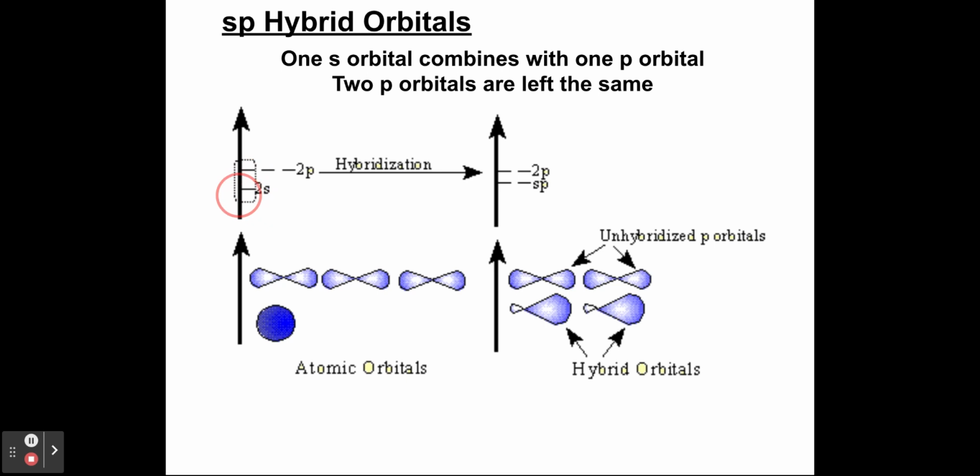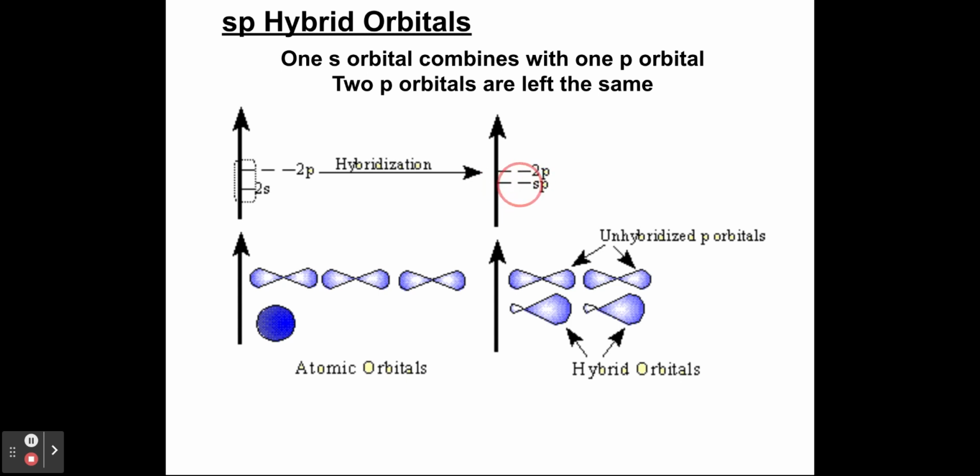And remember what I said before: whatever you put in, that's what you get out. So if you put two orbitals in, you get two hybrid orbitals out. Here you're taking an s orbital and one of the p orbitals, and when you do the hybridization, notice you get two sp hybrid orbitals.